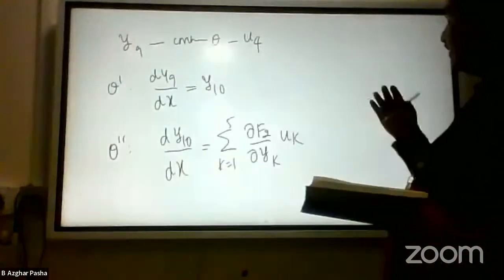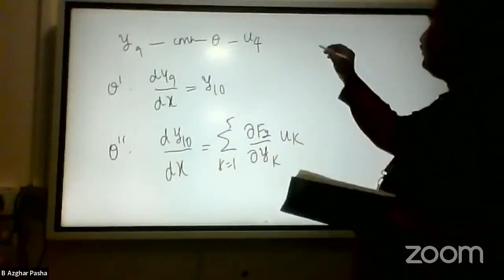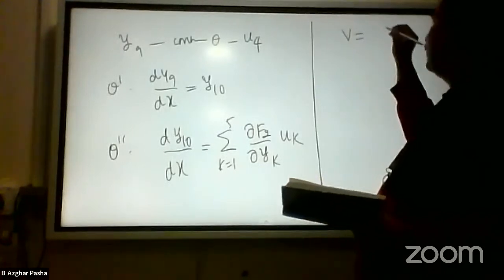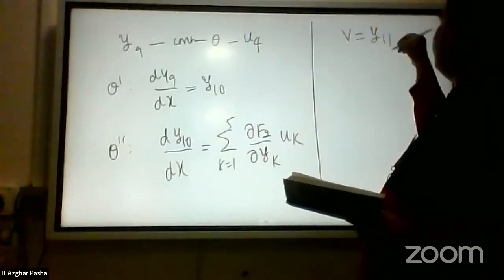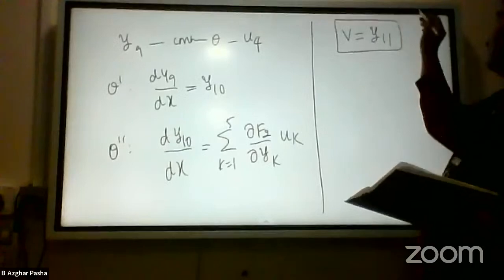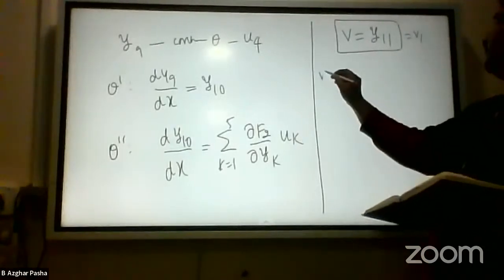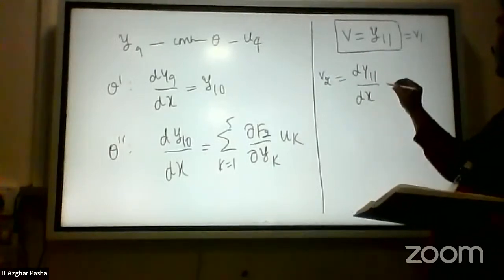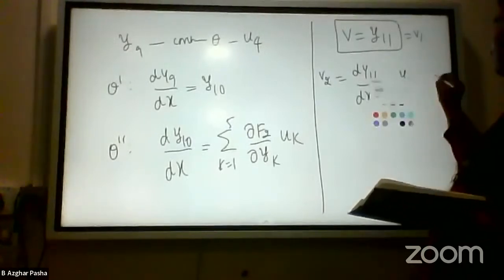Now the same matter with V you have to write. Till V, 10 over, V is Y11. Next, V1, V2 is the derivative of Y11 with respect to X. Call it Y12.